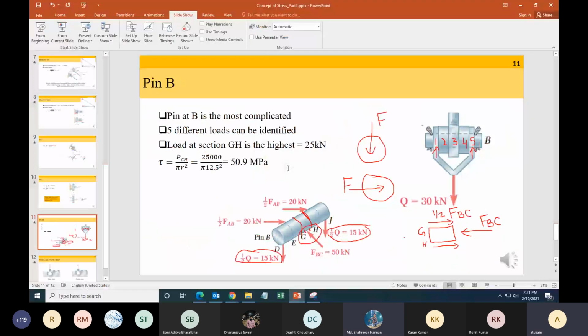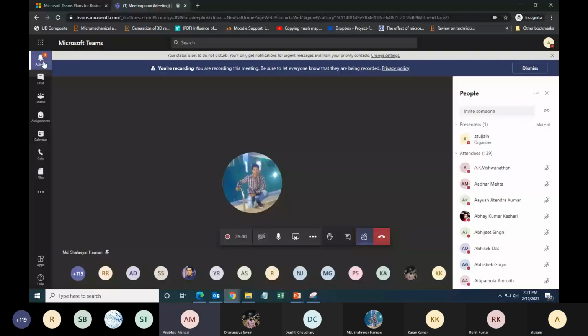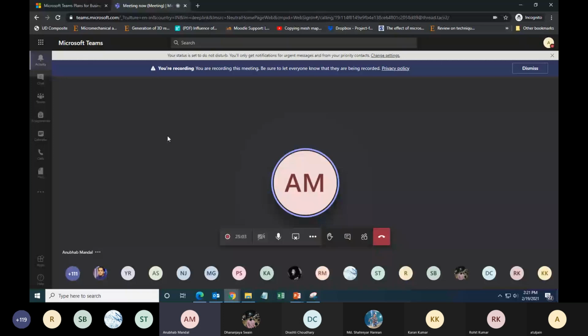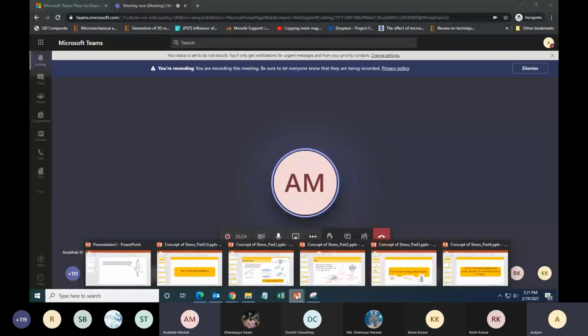Okay, anything else, or let's go to the problem sheet? Excuse me, sir. Yes. Sir, about the factor of safety thing that you taught us, in that we always consider the minimum factor of safety to be the factor of safety of that machine or that arrangement. Yes. And factor of safety is the ultimate stress divided by allowable stress, and that means that we can calculate the factor of safety for each of the different types of stress at each of the different members, and then find out the minimum, and that is the factor of safety.